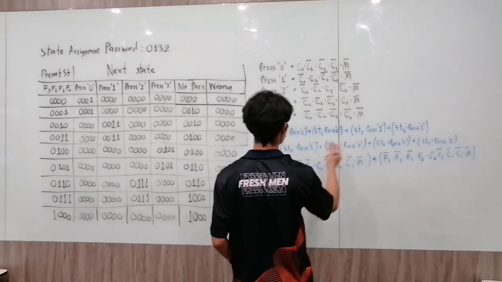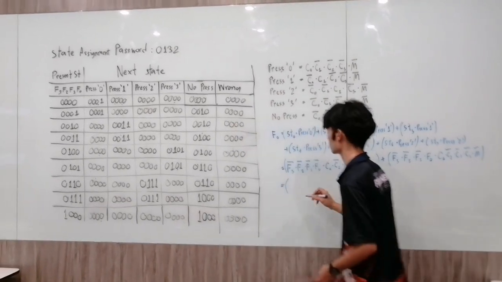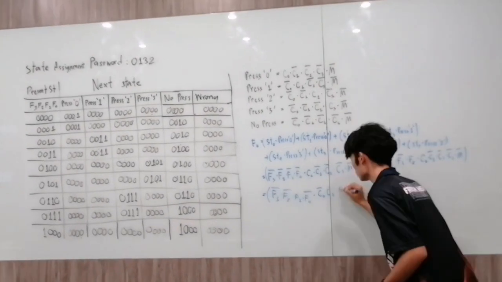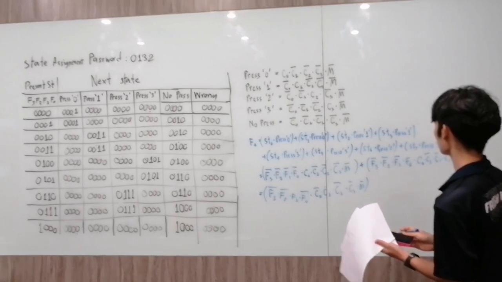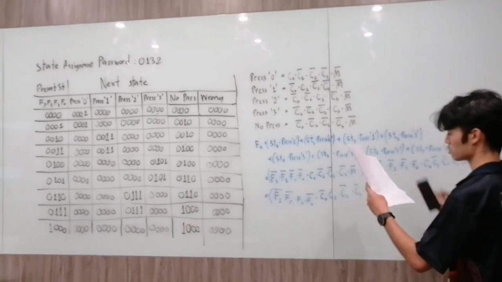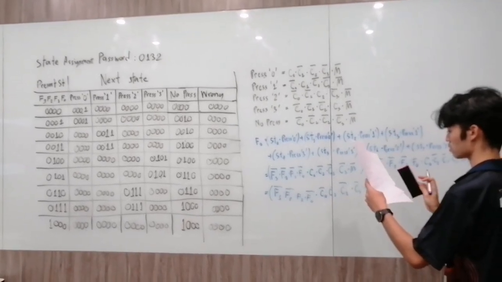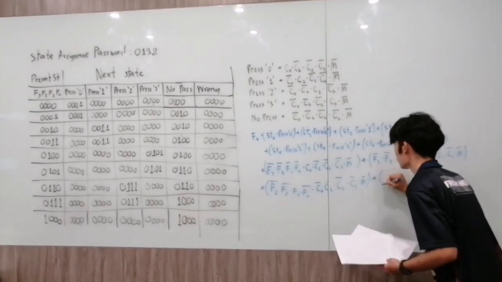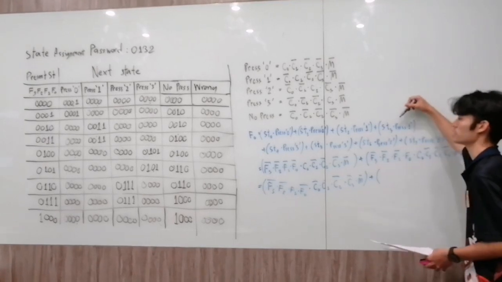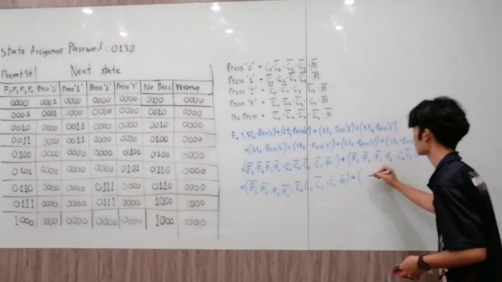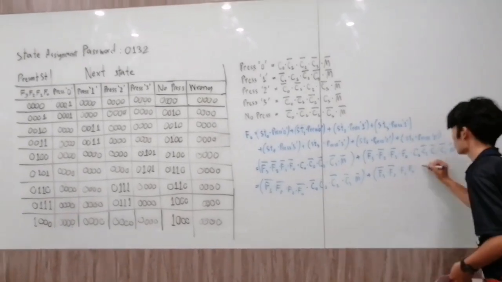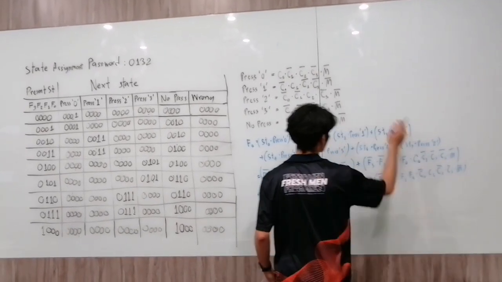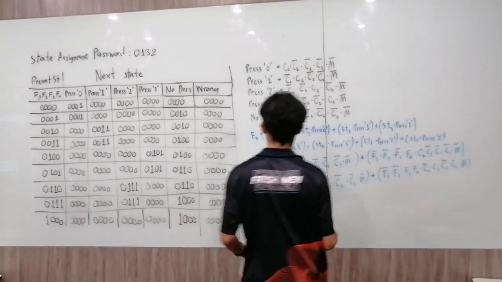Number 3, this is state 2 and this is press 1. Next is state 3 and with press 1. This is a group of variables of this equation.